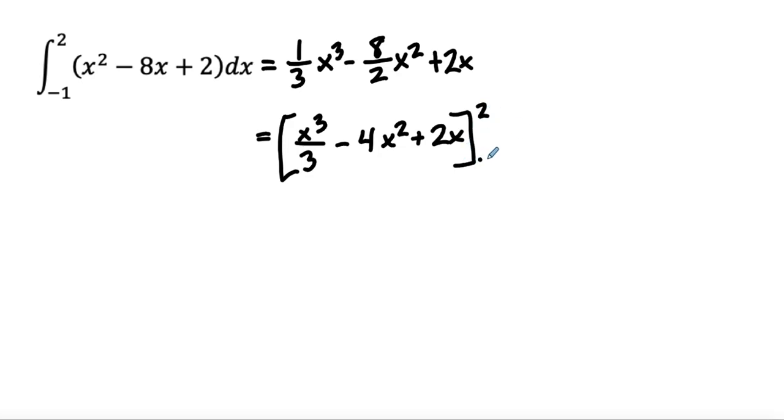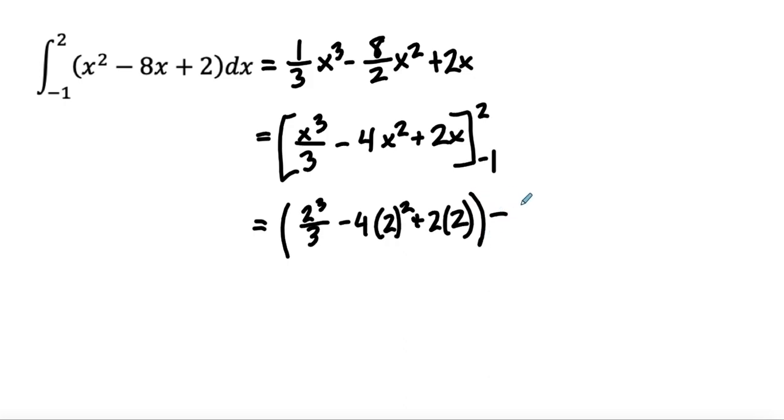So we have 2 and negative 1, and now we're going to go ahead and input those numbers. So let's input 2. And notice I like to put everything in parentheses when I'm inputting one number. And then I do the same when I say minus, because really what you can do is simplify inside first before you minus, and it just makes it a little easier.